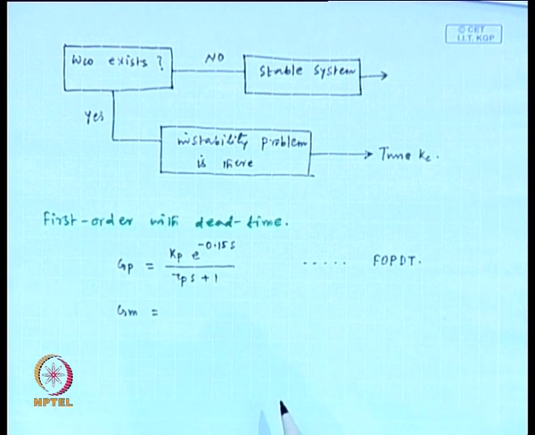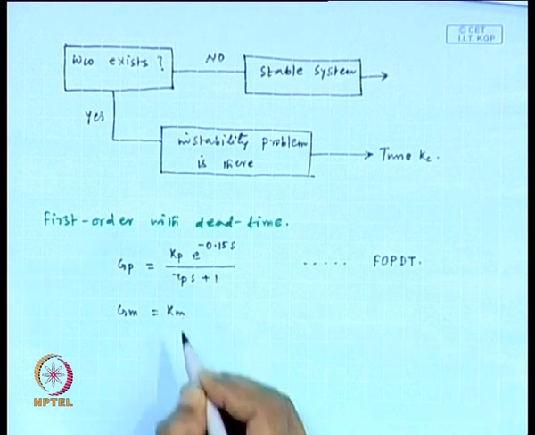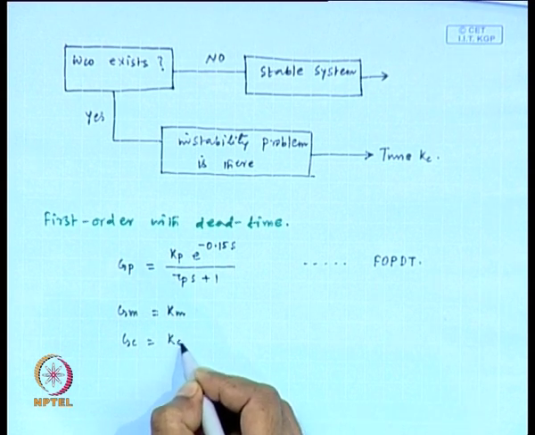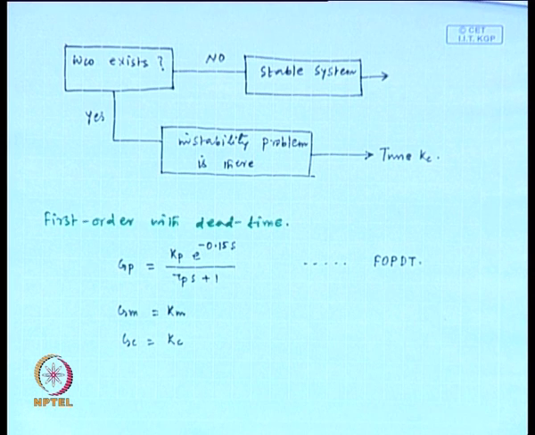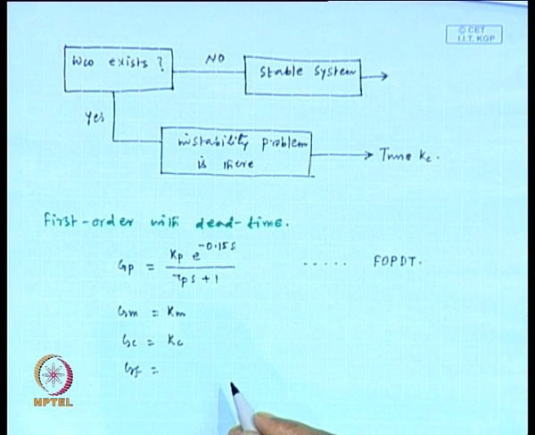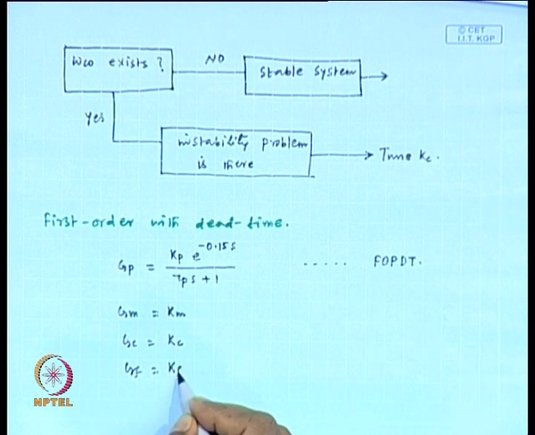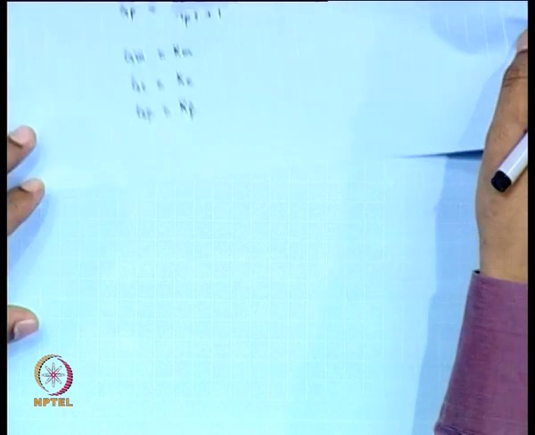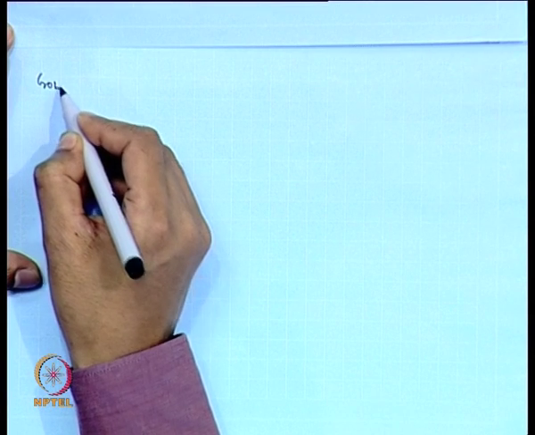Here we are considering Gm equal to Km. Controller is P only controller, so Gc equals Kc, and for the final control element Gf is equal to, suppose, Kf. So, these are the individual transfer functions for the example system. Now, we need to write the open loop transfer function. What will it be?